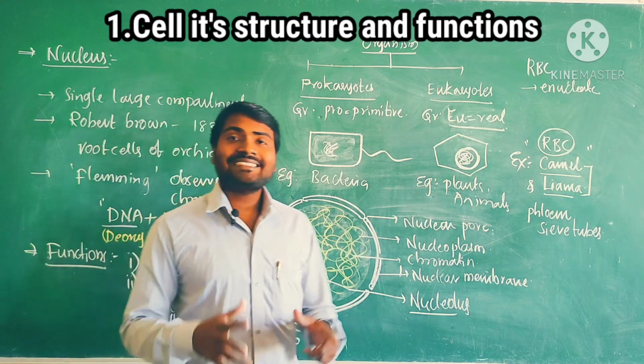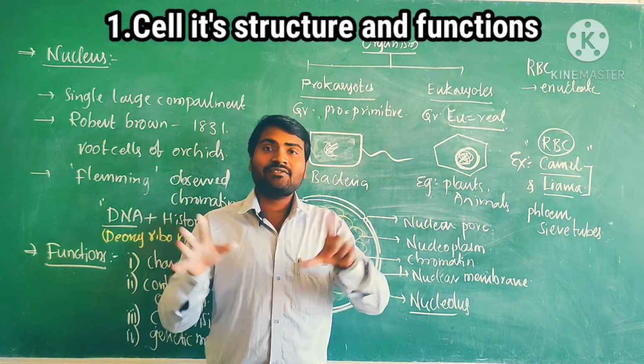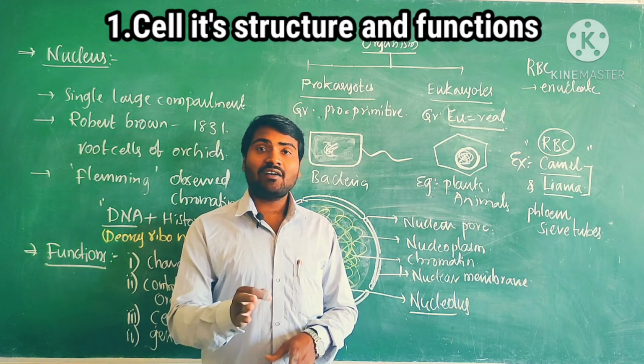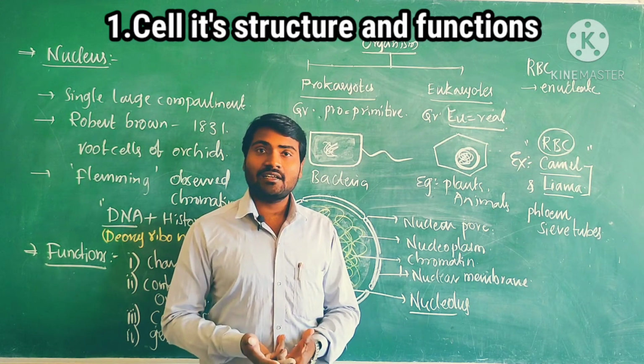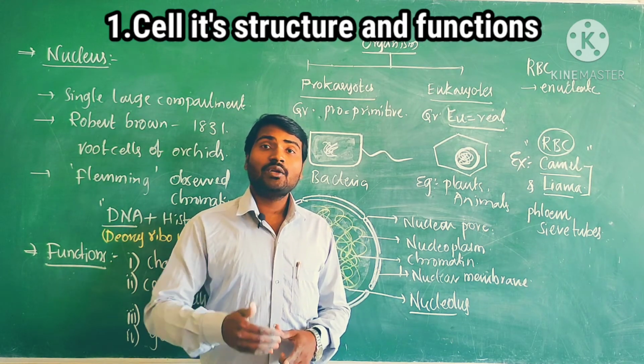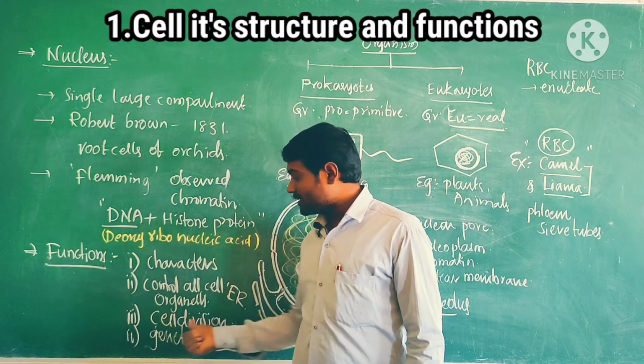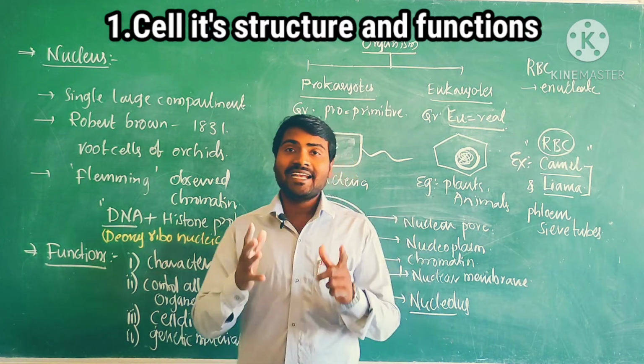It is involved in cell division. You know, before an amoeba divides, first the nucleus will divide. Such a process of division is called cell division. So in cell division, first the nucleus will divide, hence the nucleus plays a role in cell division. It also contains genetic material.